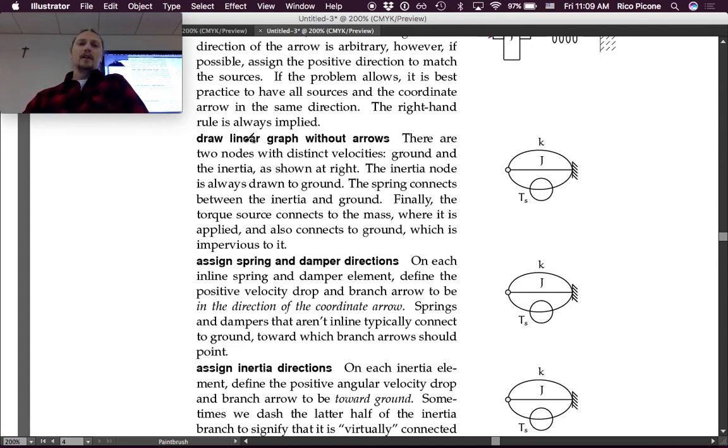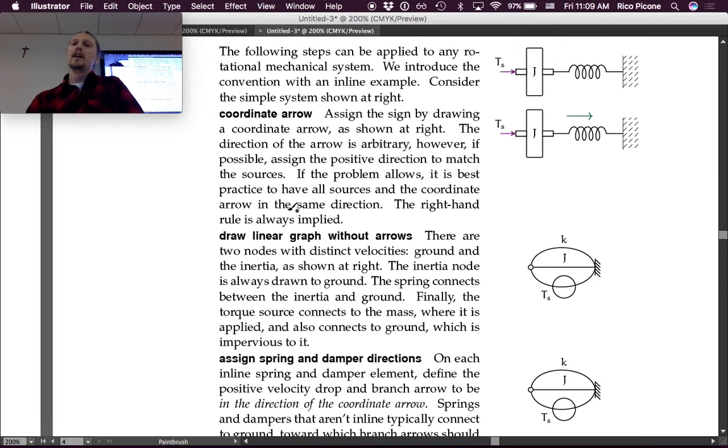Okay, so the first step is to identify the nodes. So the nodes that we have are, we have a rotational moment of inertia that has some distinct angular velocity, right? So that's going to have a node. There's also going to be a node associated with ground, always a node associated with ground.